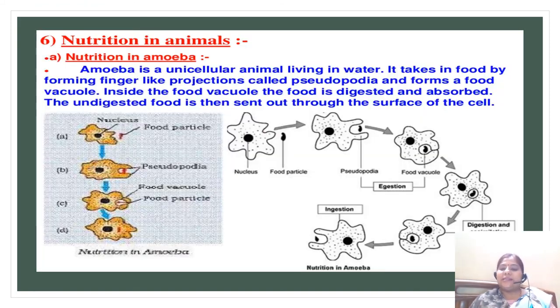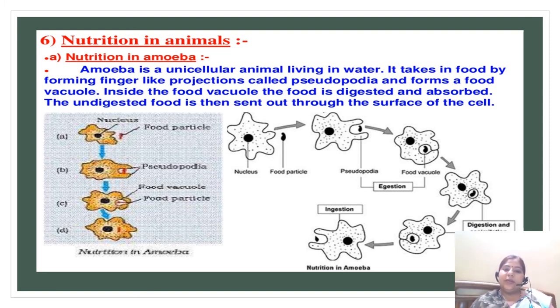So let's understand in detail nutrition in animals. Here we will understand the nutrition of amoeba. Amoeba is basically a unicellular organism. All the functions of the body are performed by this single cell only. This is the amoeba, you can see.